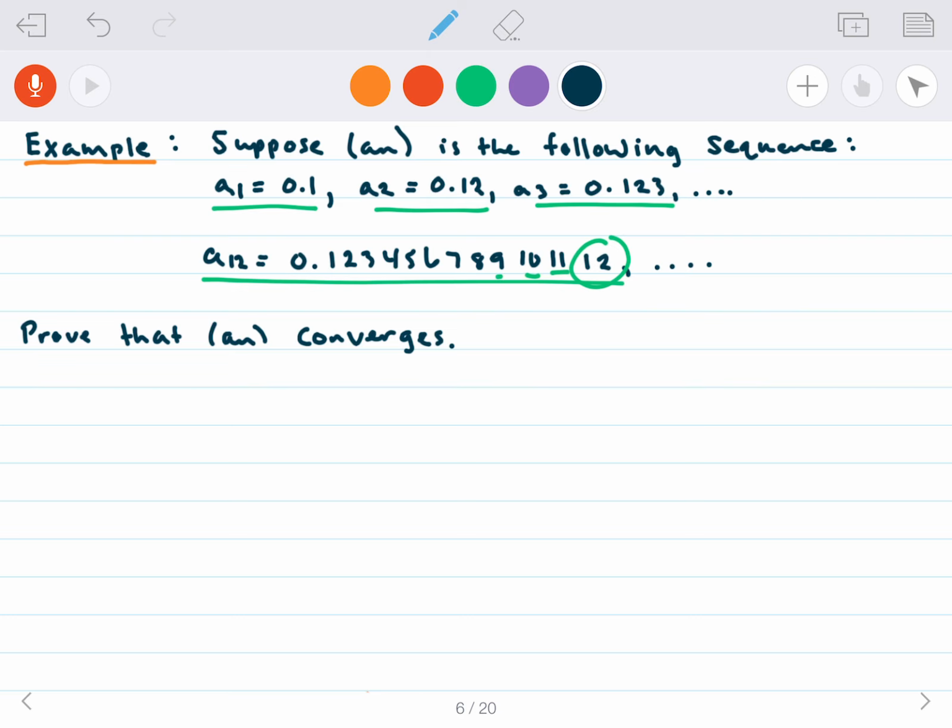All right, and so we want to prove that this thing converges, and we can use the monotone convergence theorem to do so. And I'm going to abbreviate monotone convergence theorem with MCT pretty often. So MCT will allow us to do this. Now, we're not going to figure out what this converges to, but we can at least say that it converges.